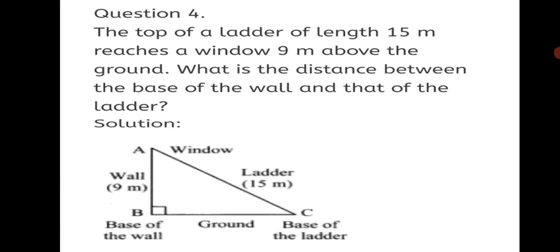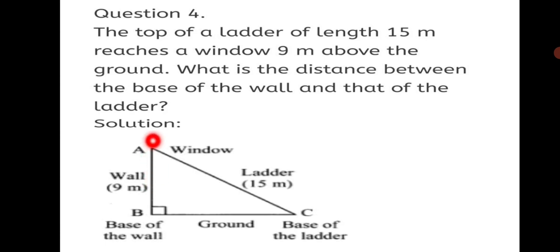The top of a ladder of length 15 meter reaches a window 9 meter above the ground. So what we have done, we have taken this window as point A, which is 9 meter above the ground. So this becomes a wall. And the ladder, which is 15 meter in length, reaches the window which is at 9 meters.